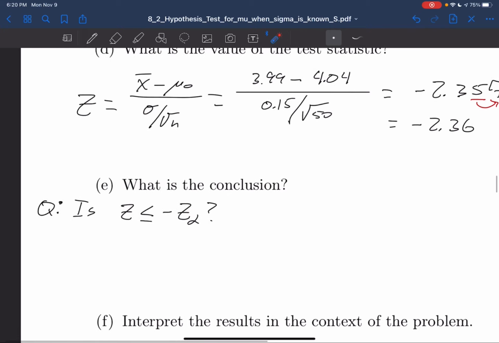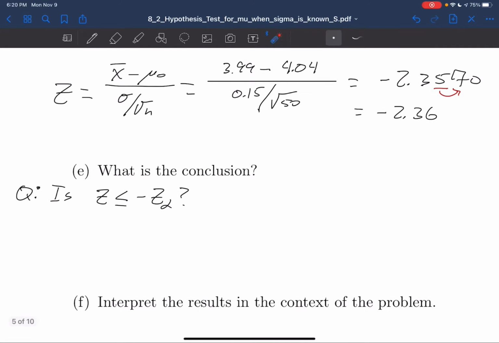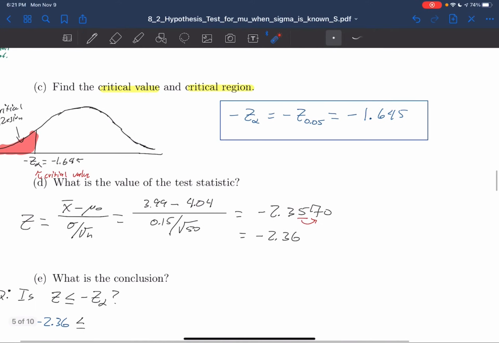So this is what I'm asking. Is our test statistic less than or equal to negative z of alpha? Do we know our test statistic? Yes, we do. It's negative 2.36. Is this less than or equal to our critical value? And we know our critical value is negative 1.645.